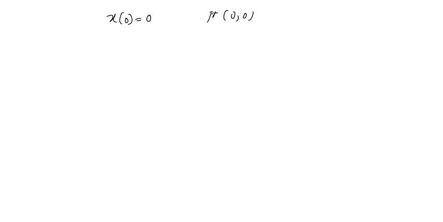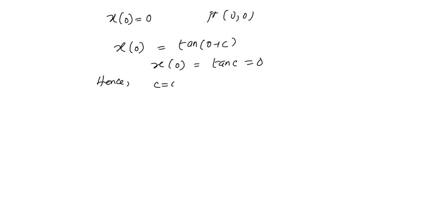So x of 0 is equal to tan of 0 plus c. So you get x of 0, which is tan c, which is equal to 0. Hence c is equal to 0.